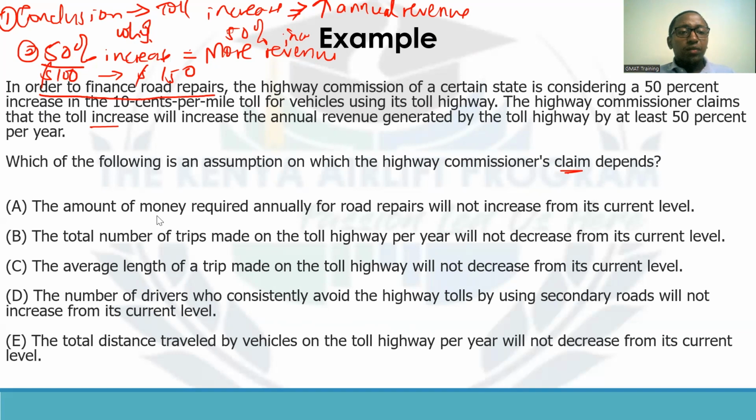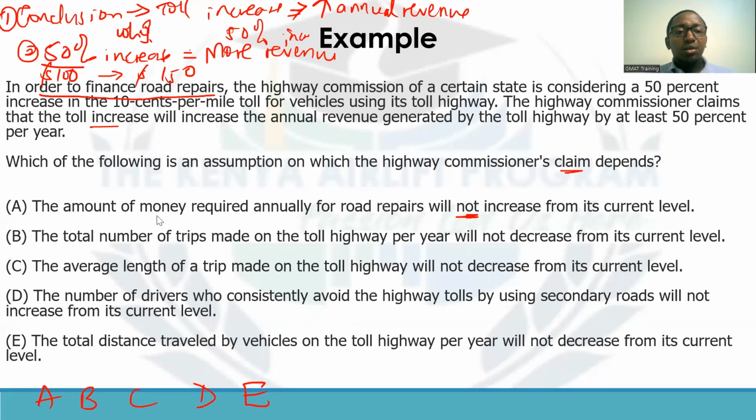Which of the following is an assumption on which the Highway Commissioner's claim depends? We have A, B, C, D, and E. A: the amount of money required annually for road repairs will not increase from its current level. The first question you ask yourself: does this statement affect our conclusion?